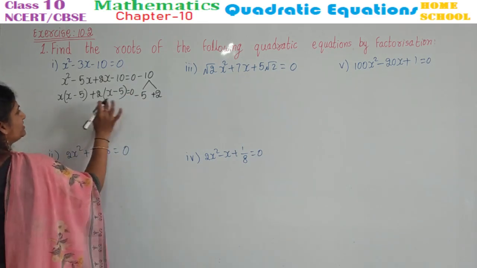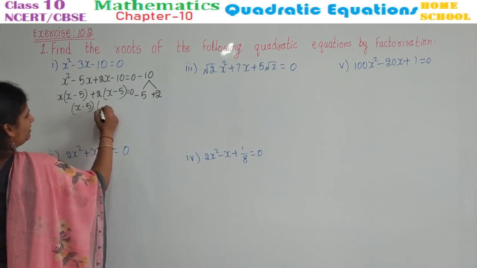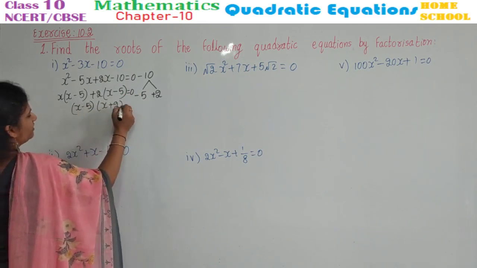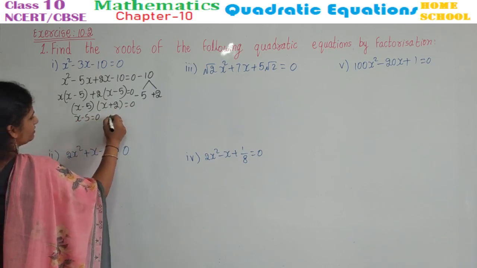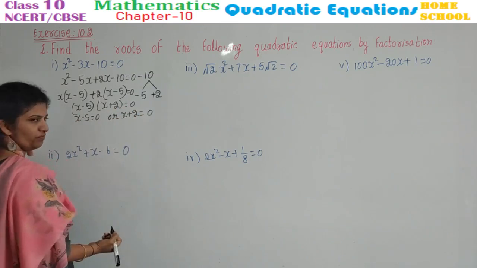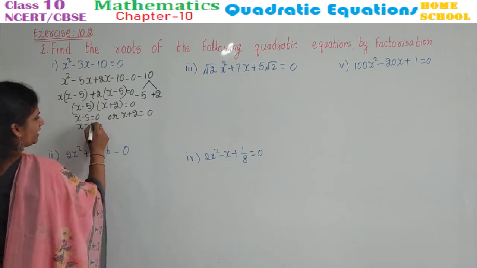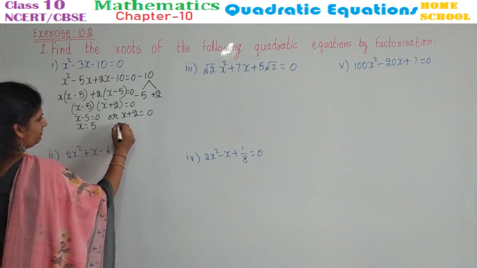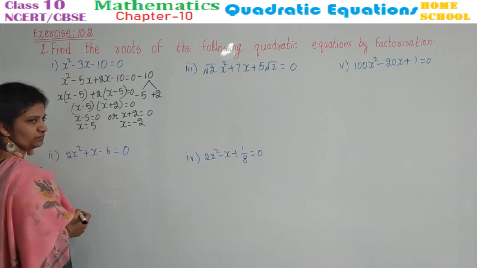Now again in these two, x minus 5 is common and x plus 2 will be left. Now equate to 0. X minus 5 equal to 0 or x plus 2 equal to 0. Therefore, what do you have? X minus 5 if it comes this side, plus 5, and plus 2 if it comes other side, minus 2.